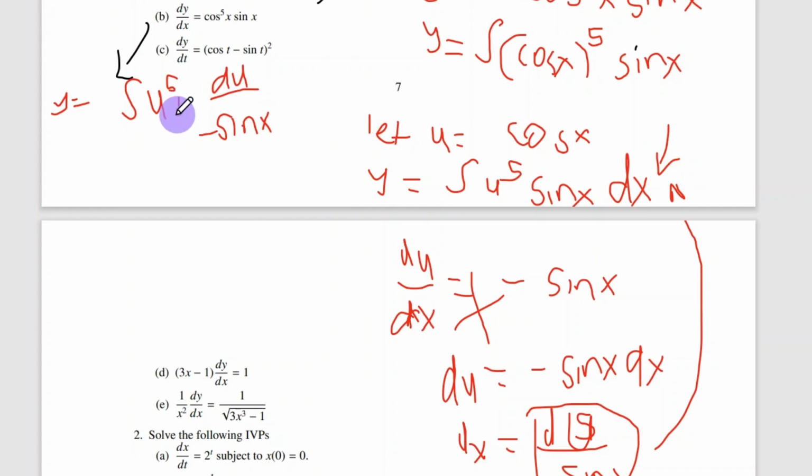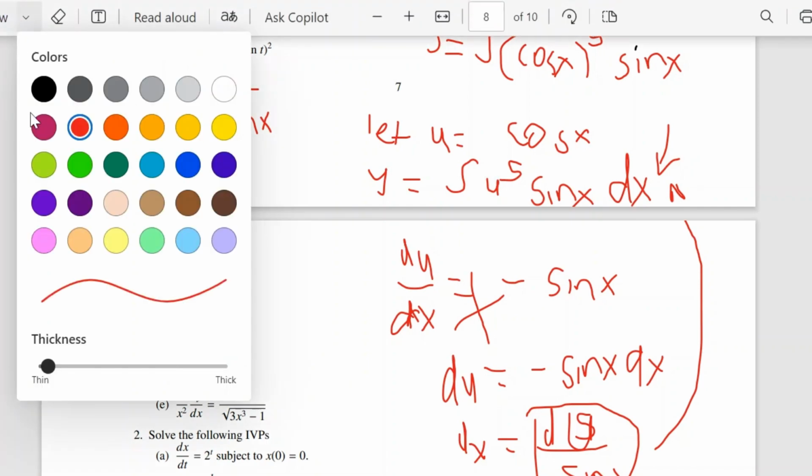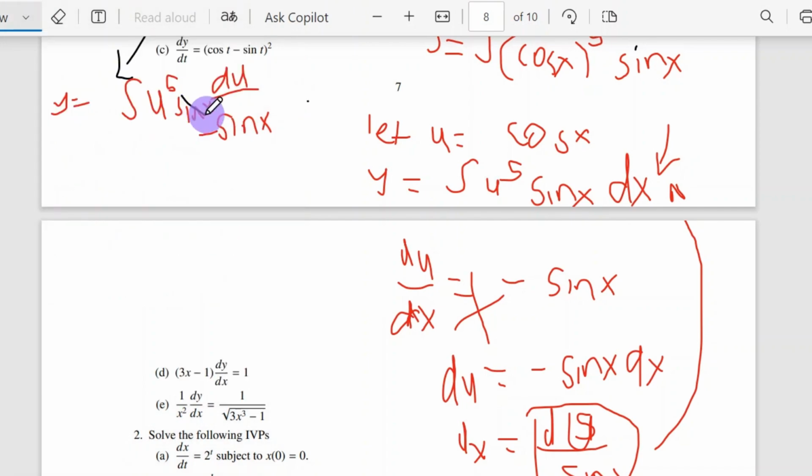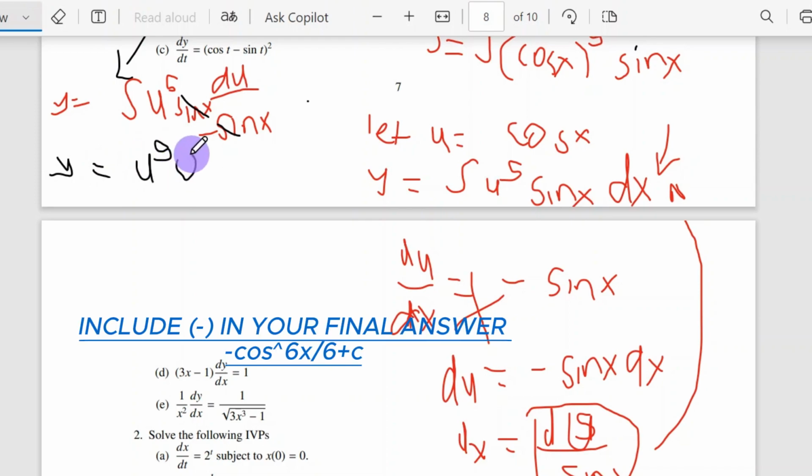Here there is that sin x that has been there, right? So now they're going to cancel. This and this will cancel, then you will have y is equal to the integral of u to the power 5 du. Then we integrate nicely. We're going to just have y is equal to u to the power 6 over 6 plus c, right?